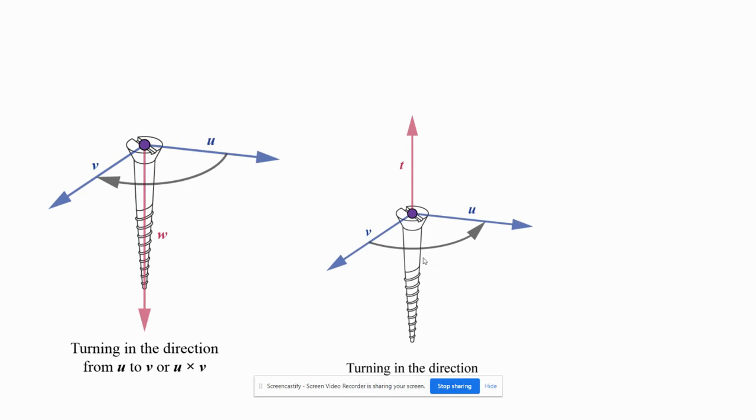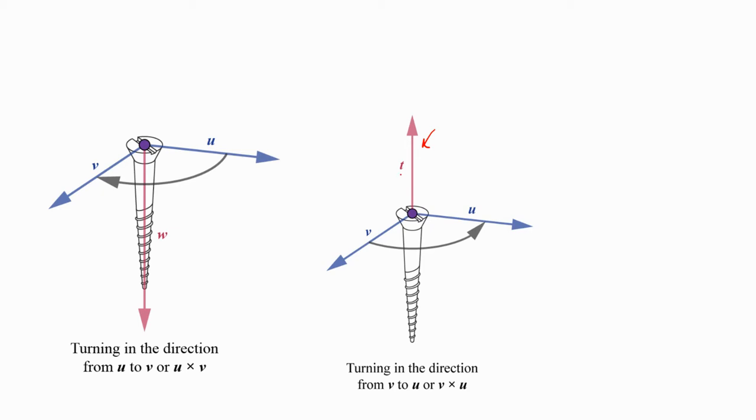So this is about thinking in 3 dimensions again. If you've got 2 vectors u and v, and w is perpendicular, and then here t is perpendicular. So you could have 2 different vectors, w and t, that are both perpendicular to u and v, but you don't know if it's going down or coming out.